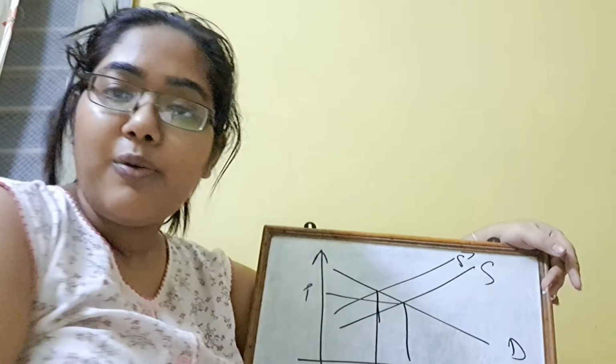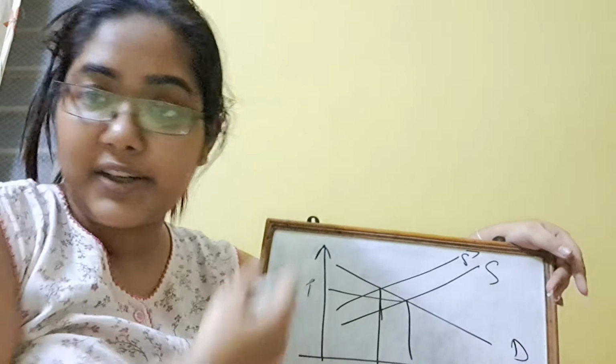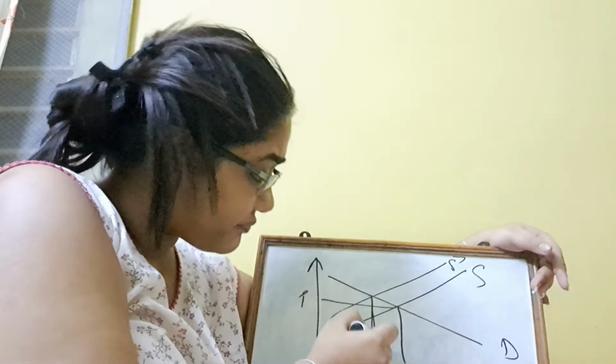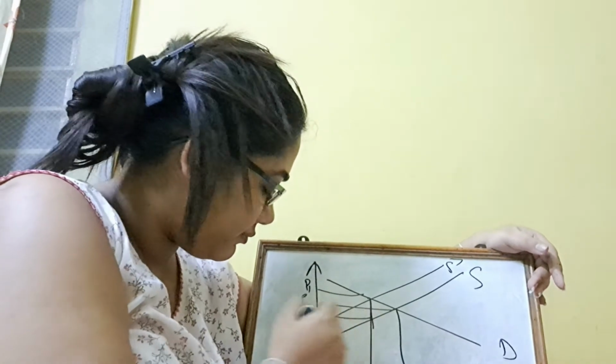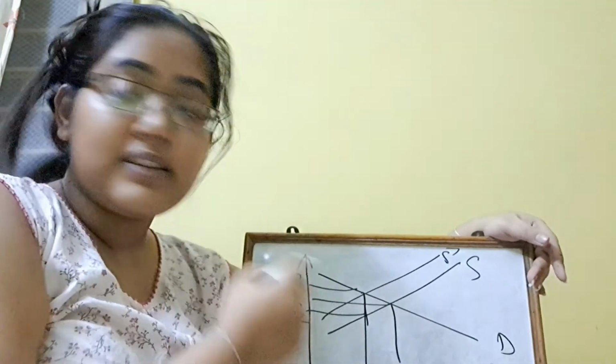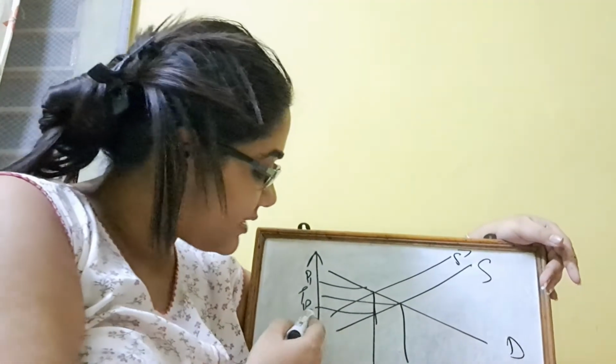Okay, now see how the burden of taxation will be distributed. The buyers will pay P1 and the sellers will receive P2.